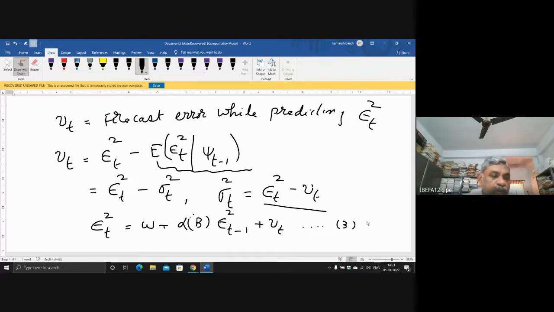Okay. So if you look at equation 3, are you able to grasp anything? Is this an AR process? Yes, it is an AR process. But what is the variable here in the AR process? Epsilon t square is the variable. What is the order of this polynomial? The order is q. How is it q?